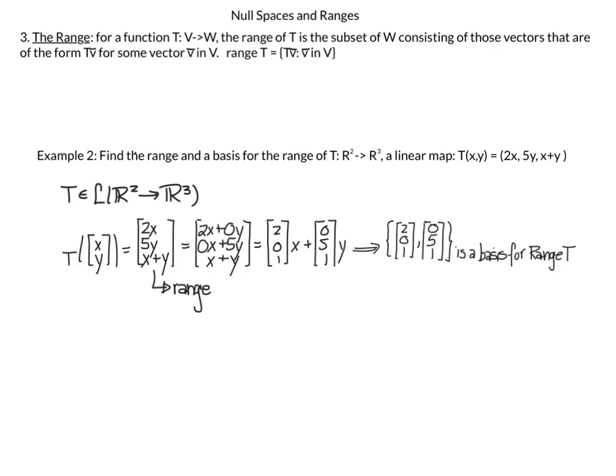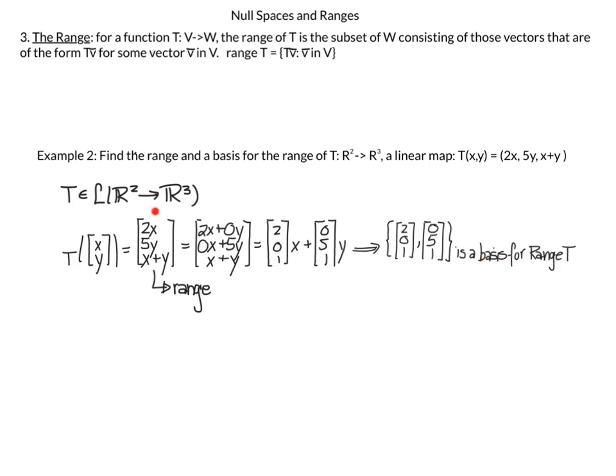So if I separate out x as a scalar and y as our scalar, our two vectors then are (2, 0, 1) for x, and for y, we have (0, 5, 1). Which means (2, 0, 1) and (0, 5, 1) span the range of T. They're also linearly independent because they're not scalar multiples, so they form a basis for the range of T.